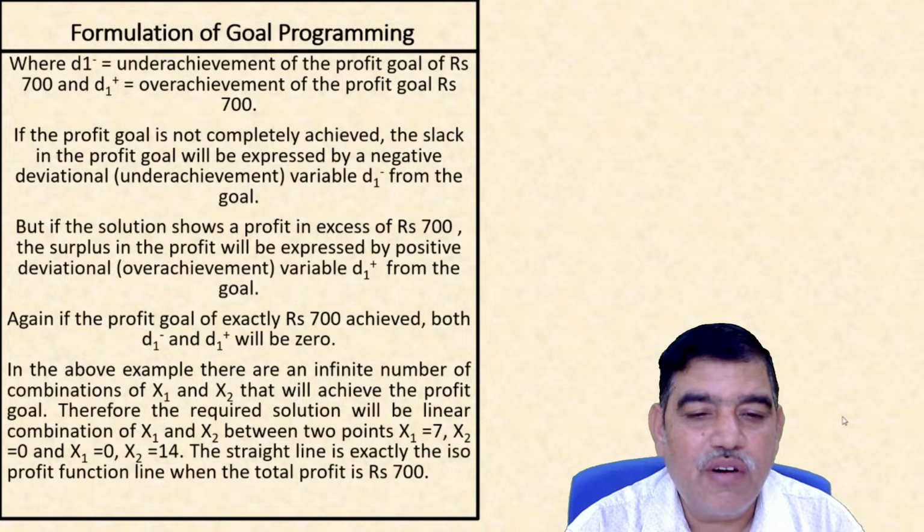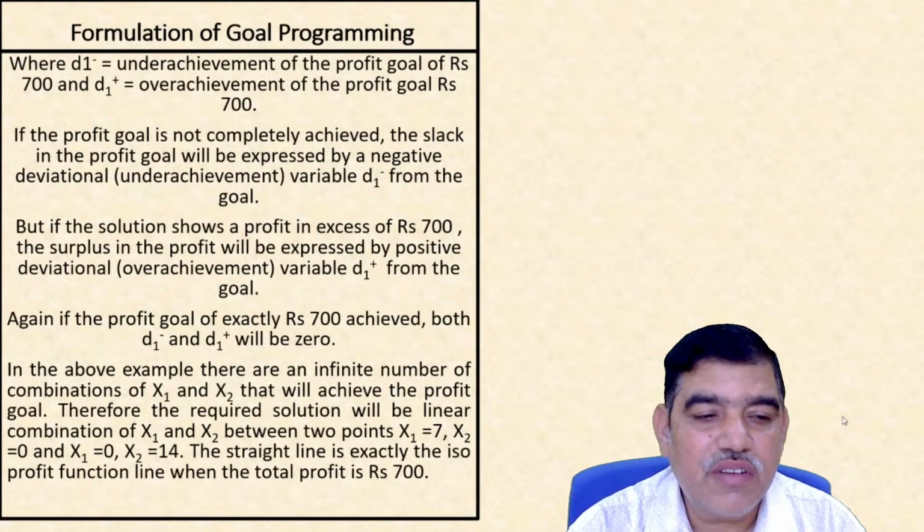So that means all the points on that straight line achieve the objective function. In the above example, there are an infinite number of combinations of x1 and x2. That means all the points lying on the straight line, because only one constraint equation is there, will achieve the profit goal.